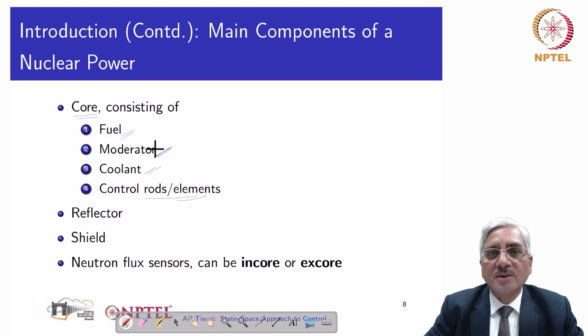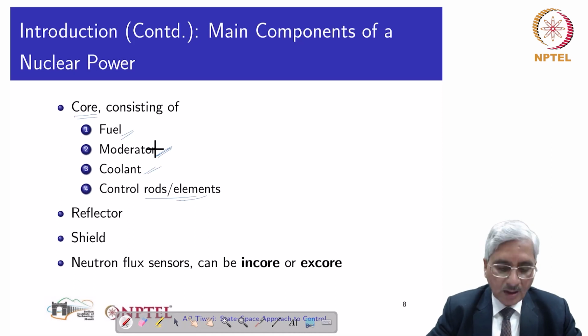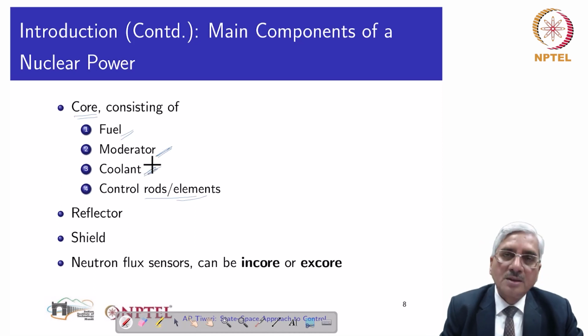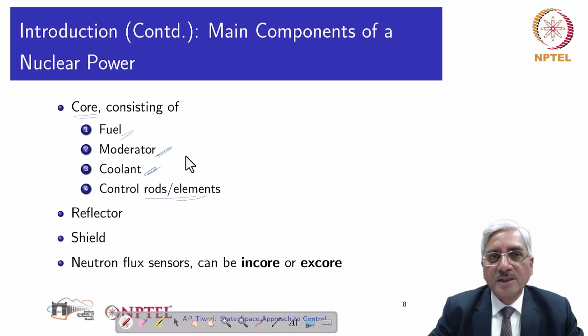They slow down the neutrons and are called moderators. Coolant conveys the heat from the core to a separate medium, where it gets converted to steam and drives the turbine. And control rods, or control elements, are the components used to control the rate of the fission chain reaction. For a control engineer, they are the most important components in a nuclear reactor.